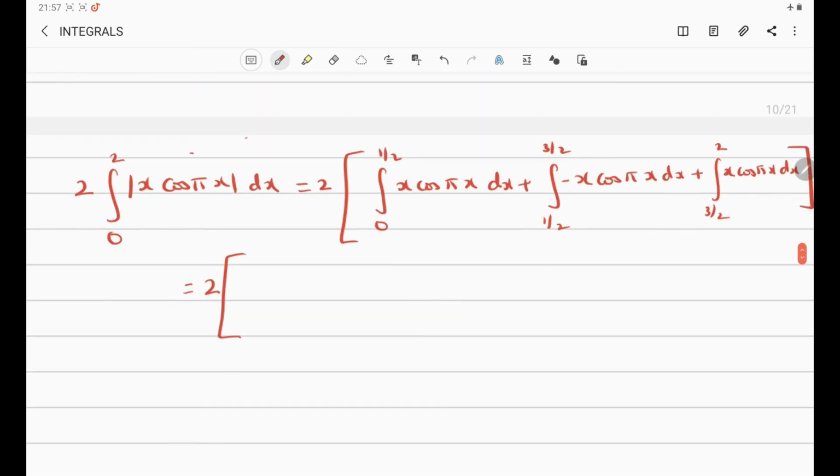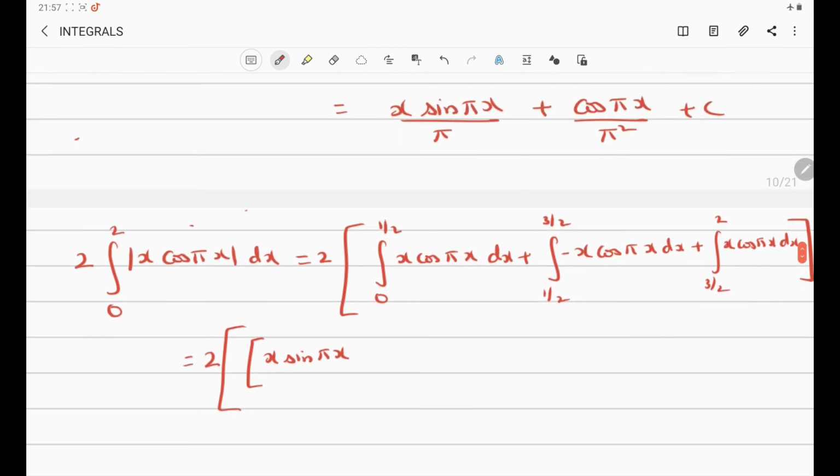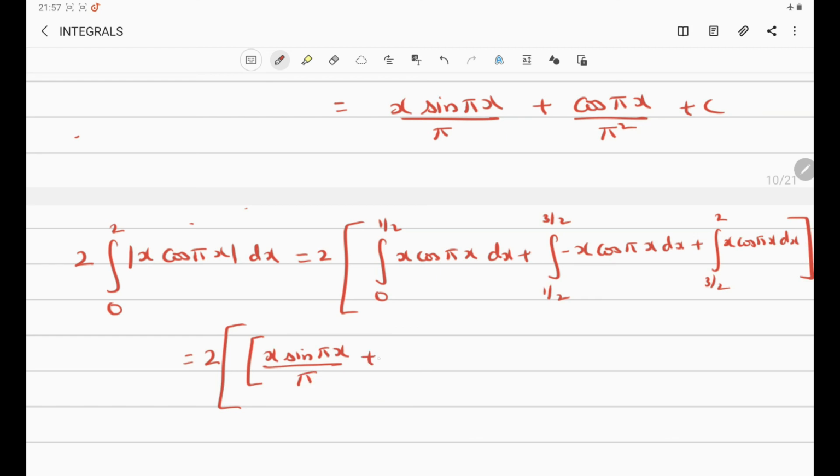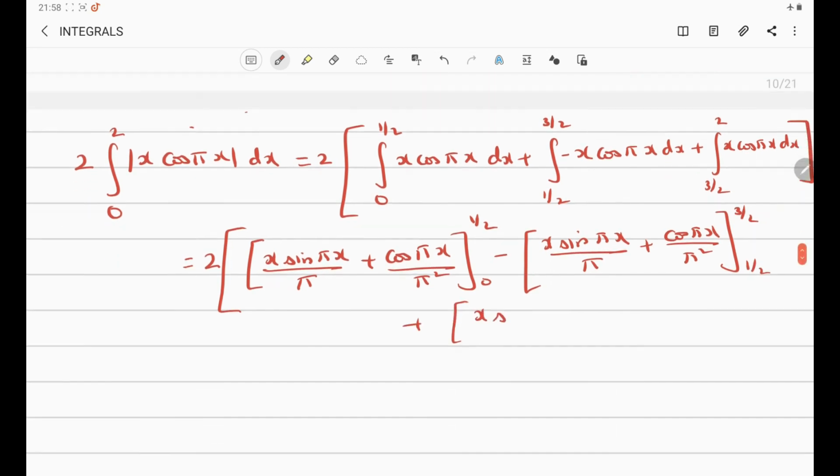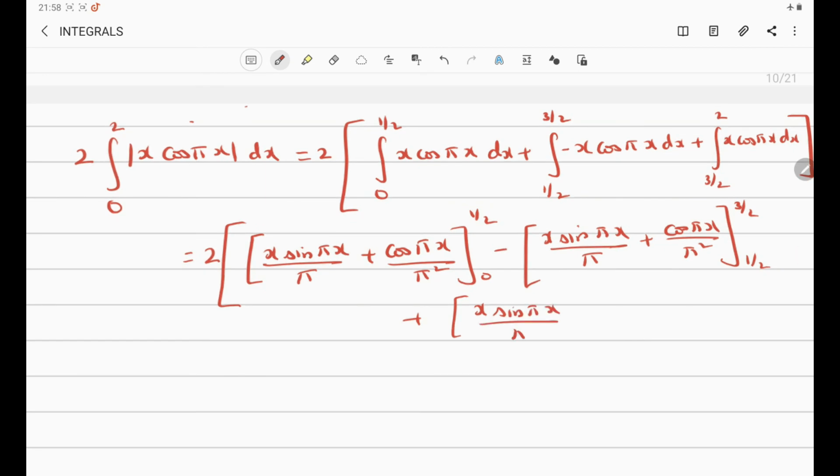So we get x sin pi x by pi plus cos pi x by pi square, with limits half to 0, minus x sin pi x by pi plus cos pi x by pi square, with limits 3 by 2 and half, and plus again we write x sin pi x by pi plus cos pi x by pi square, with the limits 2 and 3 by 2. So the whole thing multiplied by 2.